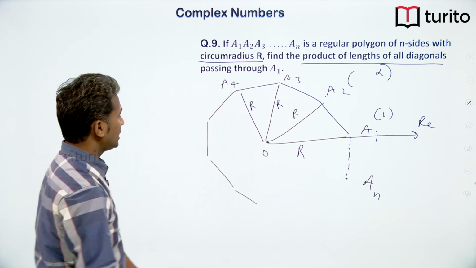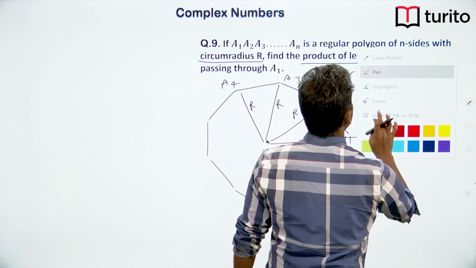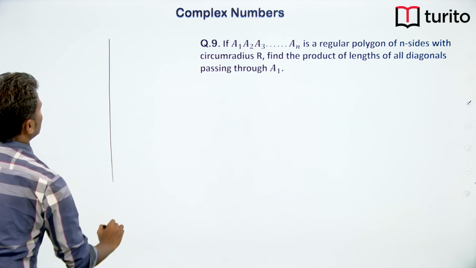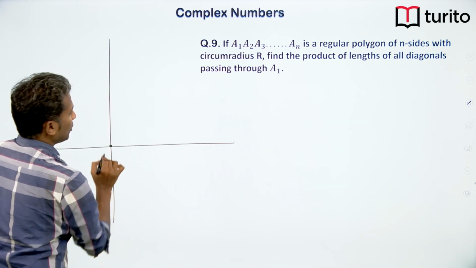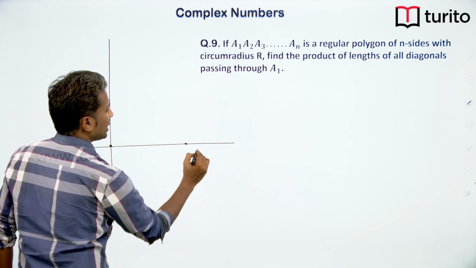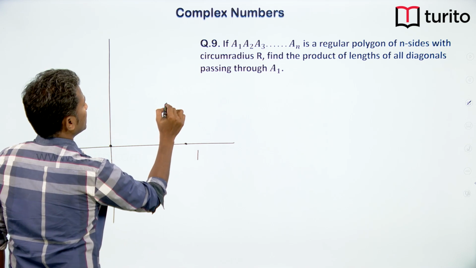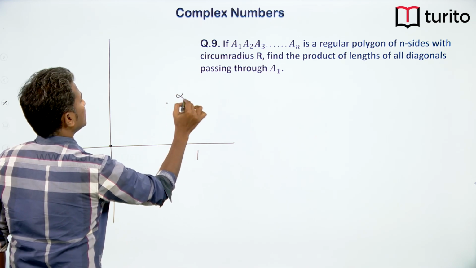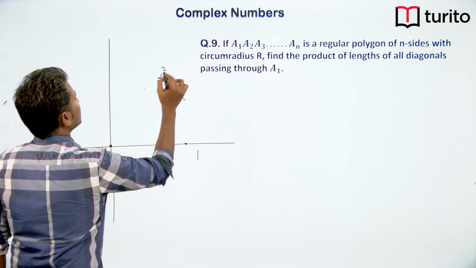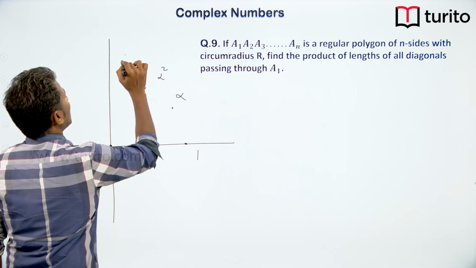Okay. So, let me just erase this and draw the diagram again. Let us say this is my origin, this is my first point. So, generally when I plot nth roots of unity, this is 1 and there is one alpha here, there is one alpha square here and there is one alpha cube here.